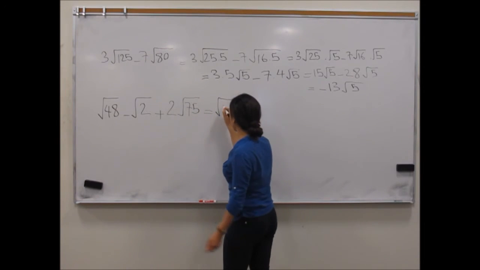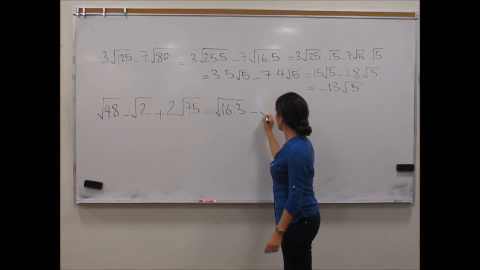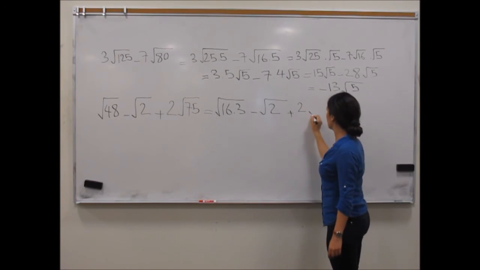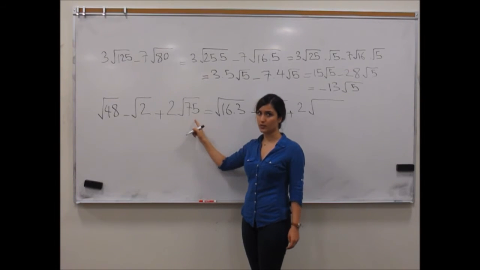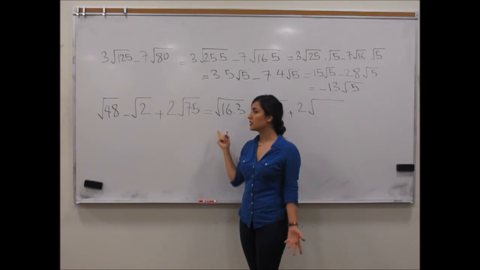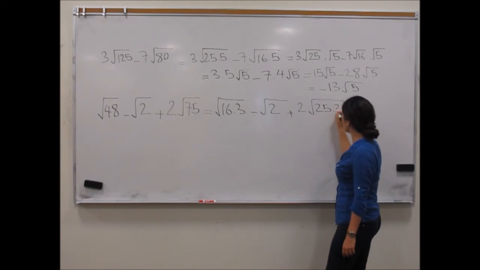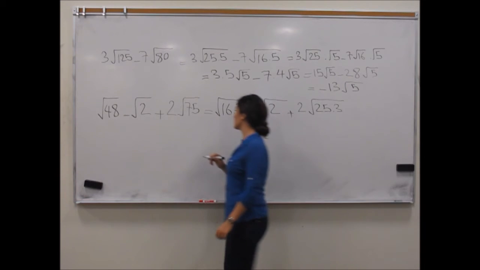So instead of 48, I'm going to write 16 times 3 minus rad 2 plus 2 times, instead of 75, I can write 25 times 3 because the largest perfect square in 75 is 25. So 25 times 3, and then I can separate the radicals.